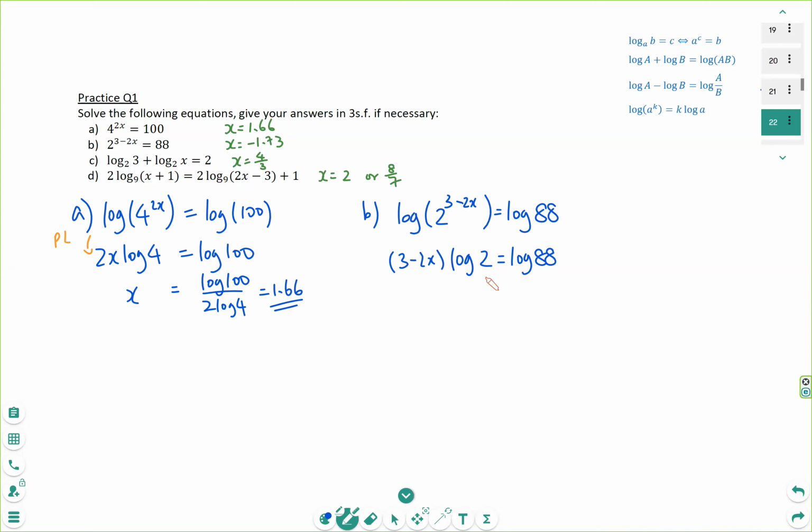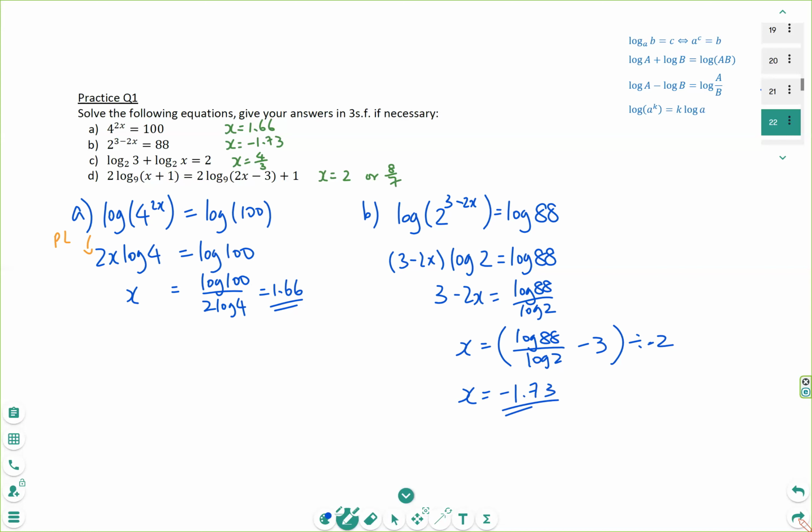We can divide by log 2, so 3 minus 2x equals log 88 over log 2. Then we can minus 3 and divide by negative 2. So x equals (log 88 over log 2 minus 3) divided by negative 2. Putting it in a calculator should give you x equals negative 1.73.